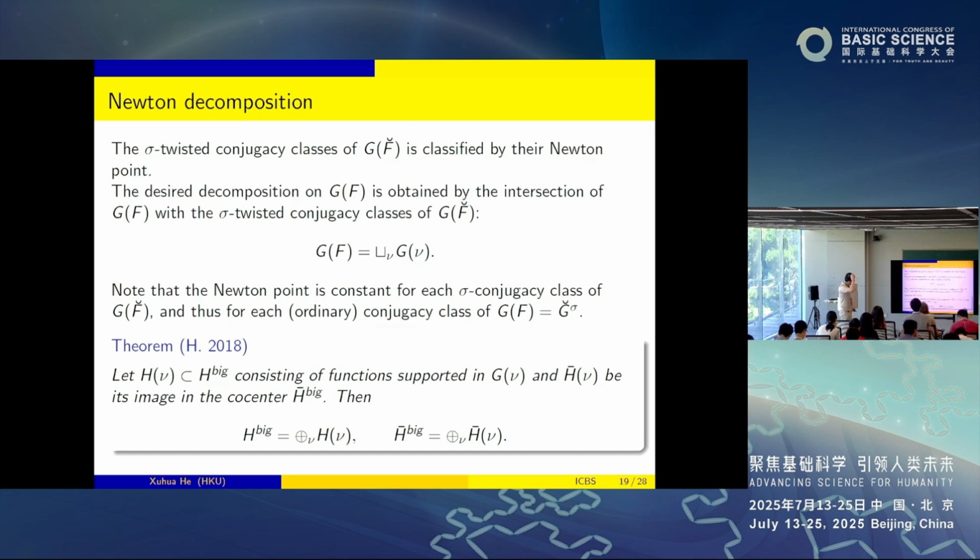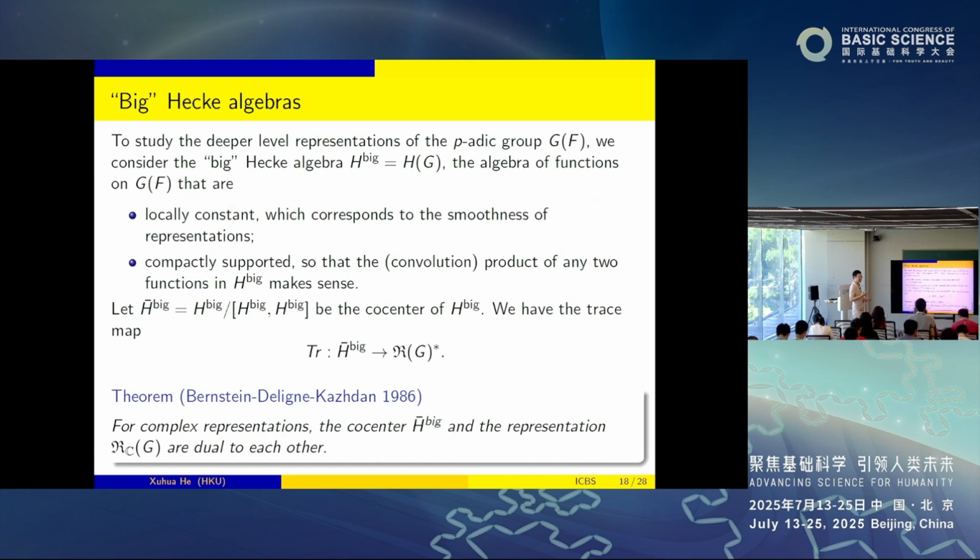Okay, so why we care about this is Newton stratification. Instead of thinking about decomposition into conjugacy classes, one reason is that when we study the representations of p-adic groups, we want smooth and irreducible representations, and this smoothness condition leads to the fact that any function on the p-adic group must be locally constant.